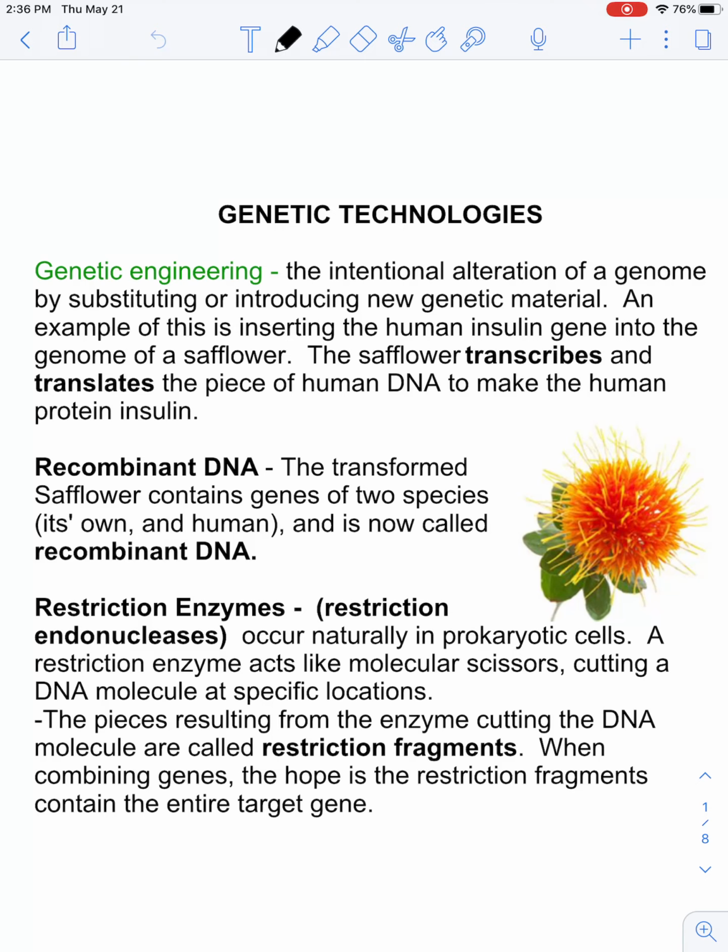Recombinant DNA is, if we look at the transformed safflower, it contains the two species' genes. So if you look at its genome, it would now have human and its own DNA within its genome, and it's now called recombinant. So that's some pretty interesting stuff that they've been doing for a little while now in the field of genetics.